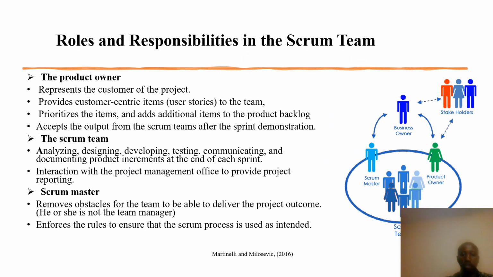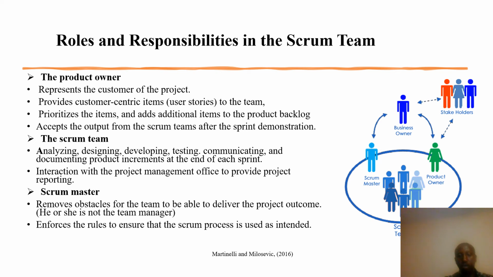Roles and responsibilities in the Scrum team. In this team, the product owner represents the customer of the project, provides customer-centric items to the team, prioritizes the items, adds additional items to the product backlog, and accepts the output from the Scrum team after the sprint demonstration.